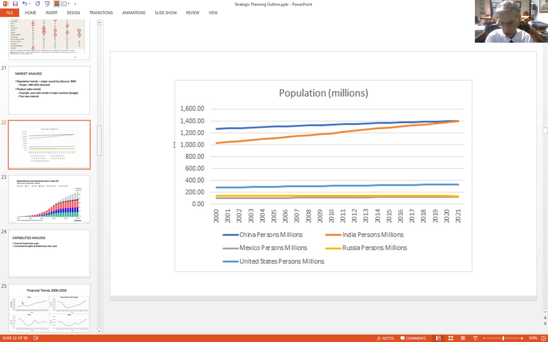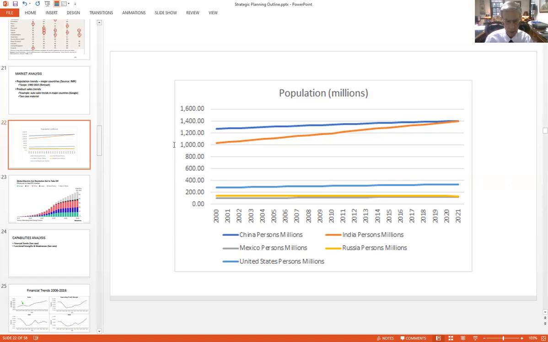Anyway, you can see the population of Russia and Mexico and the United States. And you can see that the U.S. is at the top of the lower group at less than 400, currently something on the order of 330 million.